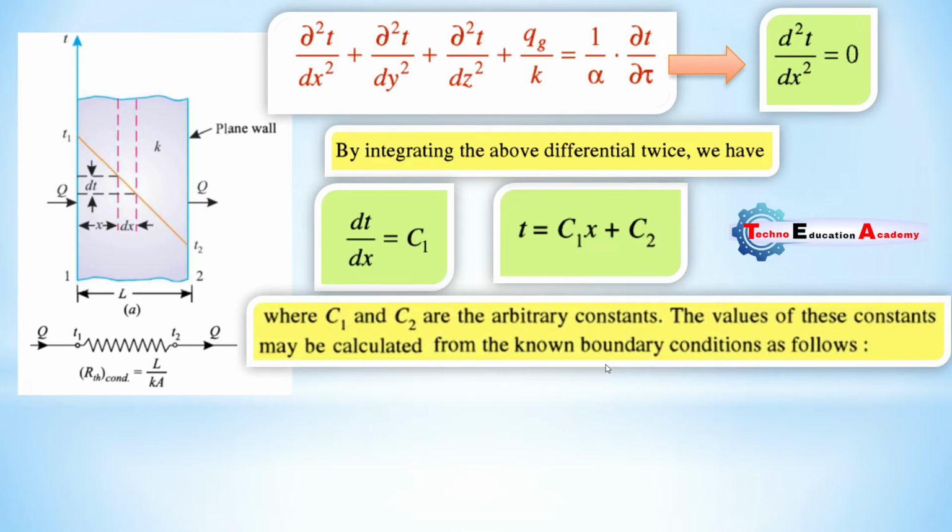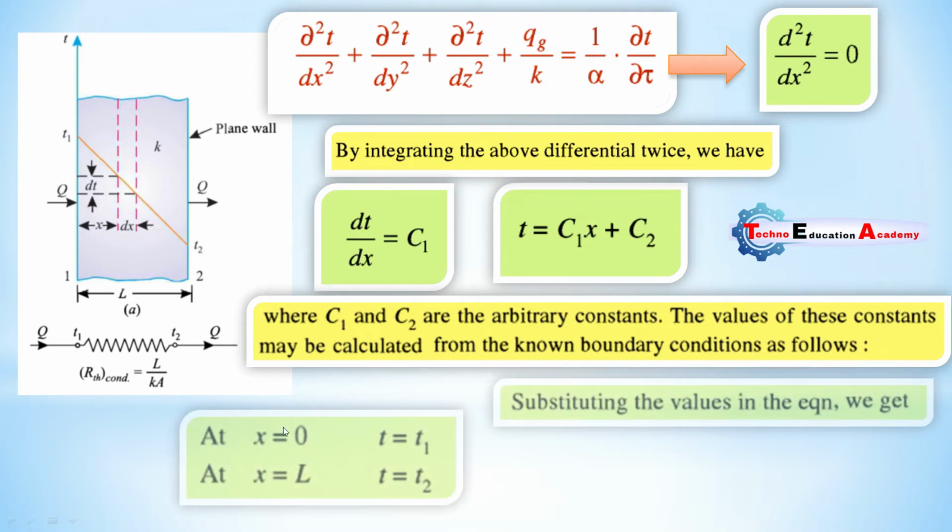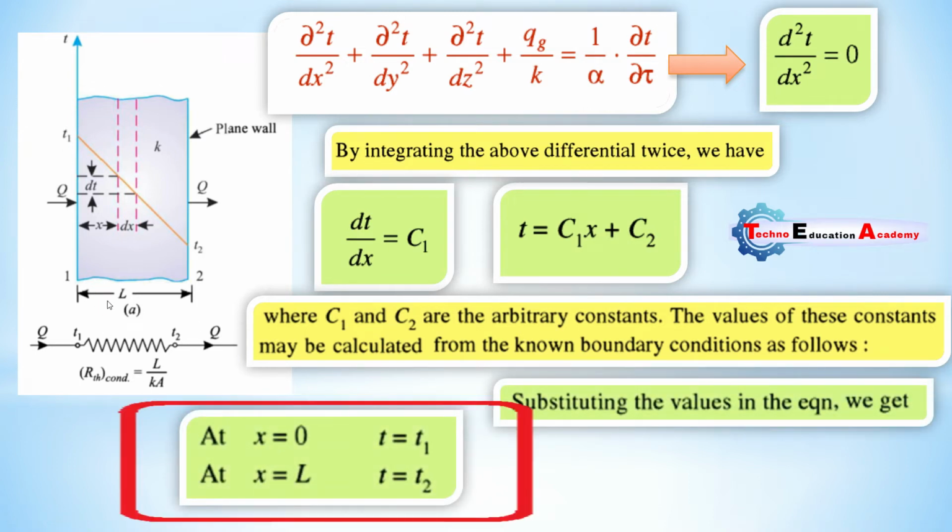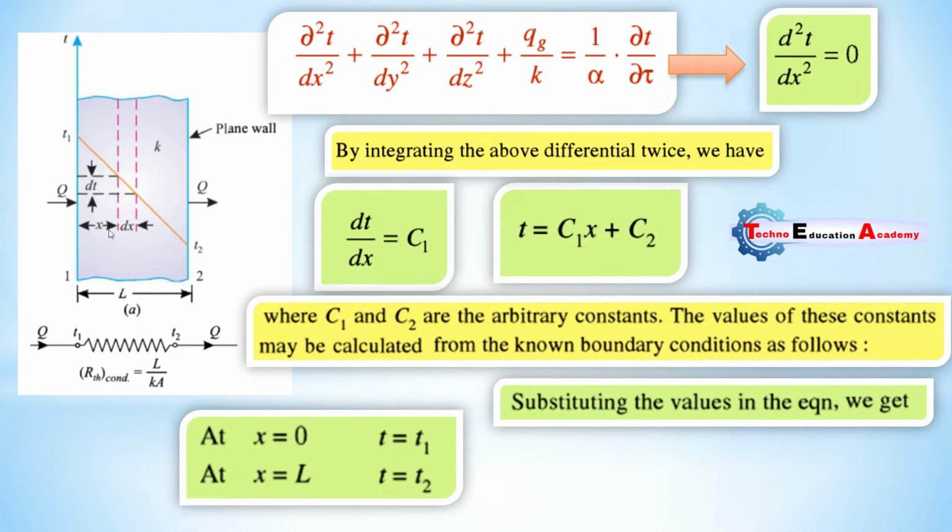The values of these constants may be calculated from the known boundary conditions as follows. Here we are considering a boundary condition at x equal to 0. Here you can see that x means we are considering the strip at distance x from the origin, x equal to 0.